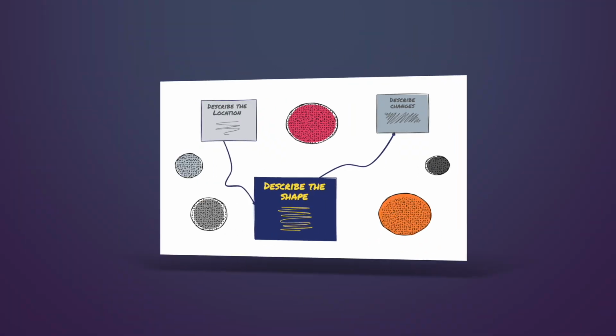So the first set of vocabulary is pinpointing the location. The next thing we need to do is tell the reader about the shape of any feature on the map.